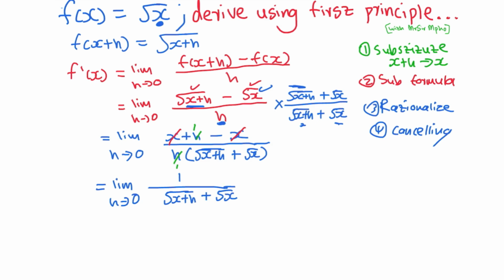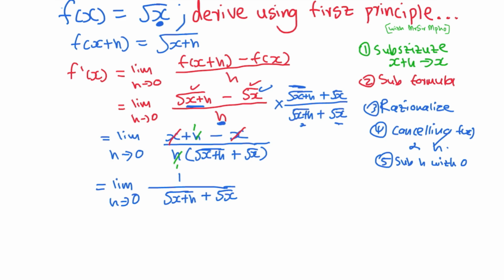Makes sense. Now, every time after cancelling, on the last step, you'll always substitute h with 0, all the time. Does that make sense?